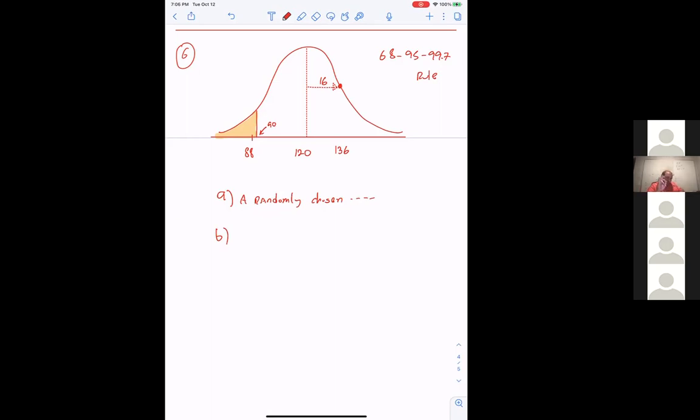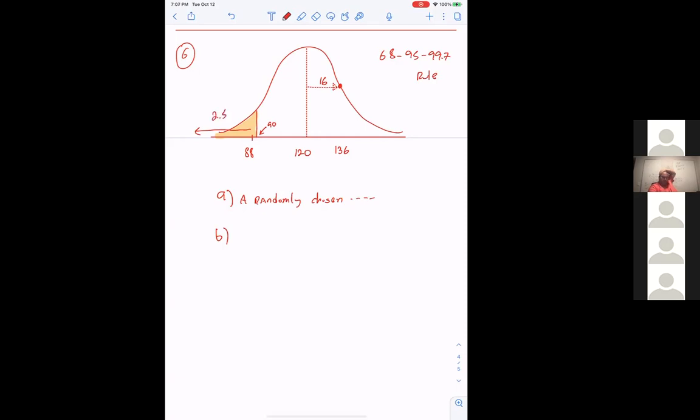But I would refine that a little bit. See, 2.5% is from what number on down? It would be from 88 on down. Because 88 is the 2 deviations out. Agreed? Yeah.